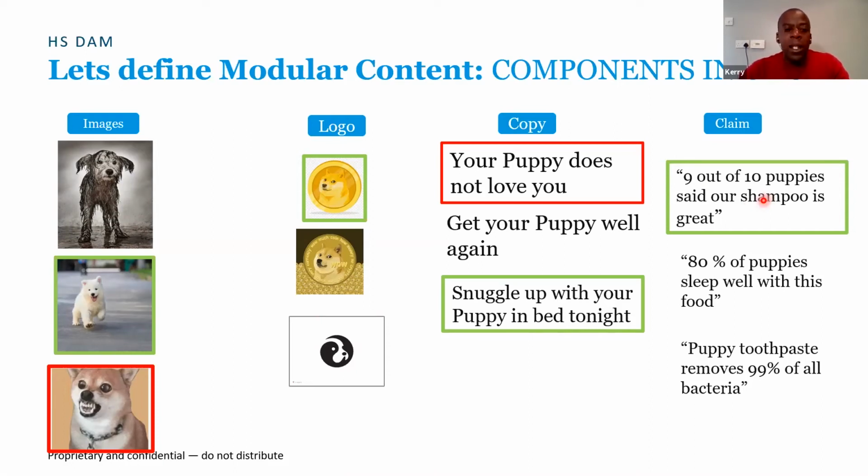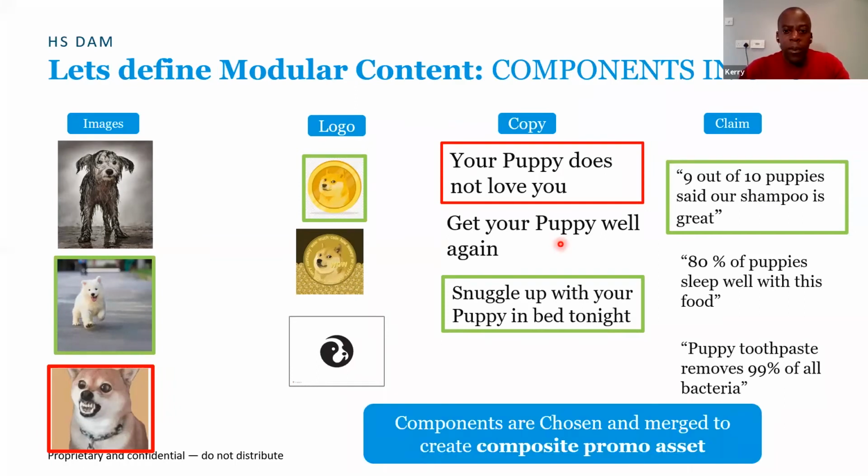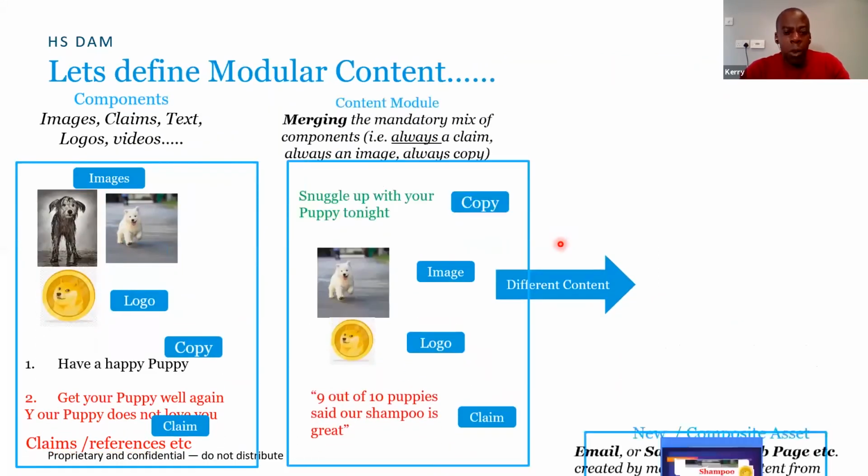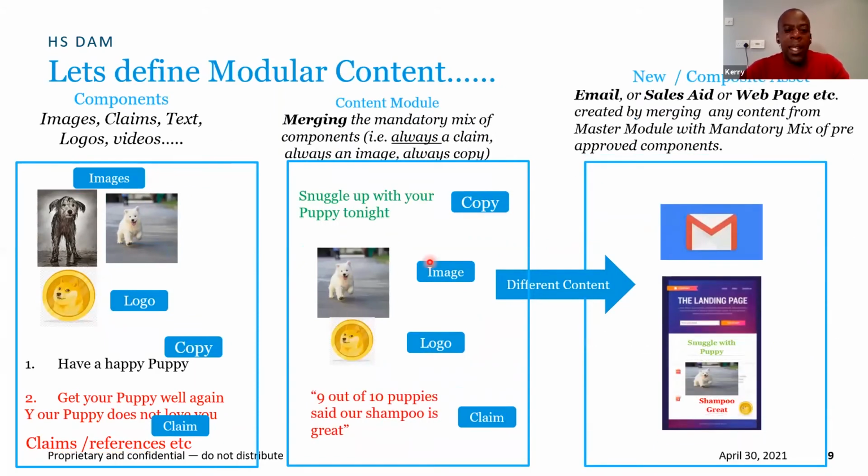What this means is, once you have merged these assets in one place and it gets to approval, your regulatory and your medical teams will be reviewing the merged item to see that it makes sense. This stuff is already approved as components in your DAM.